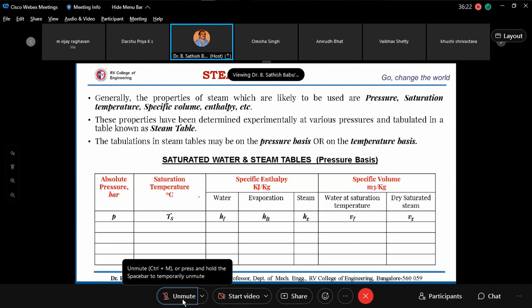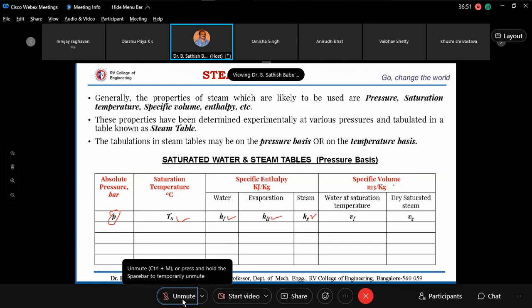In the pressure based one, for a given pressure, we used to get the saturation temperature, sensible heat, latent heat, and enthalpy of dry saturated steam. Using these tables we used to solve the numericals. But for your syllabus there are no numericals. This is just for awareness of how the steam table looks, and it is included in the presentation.